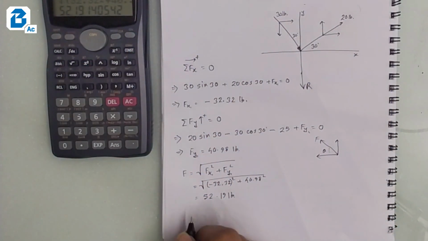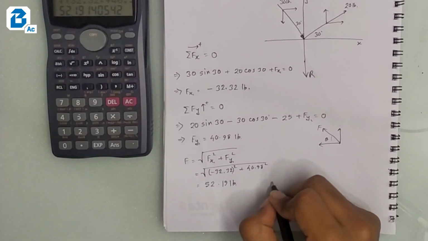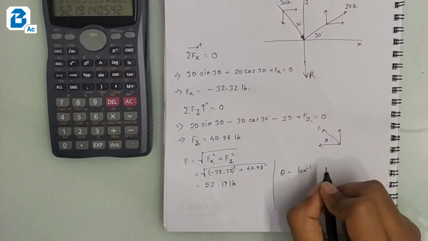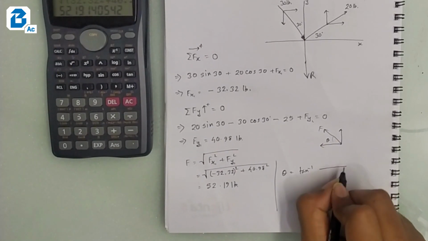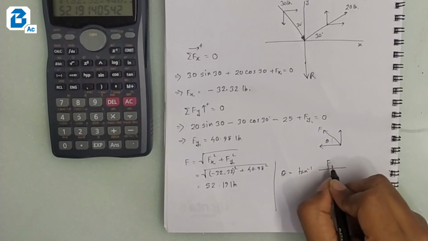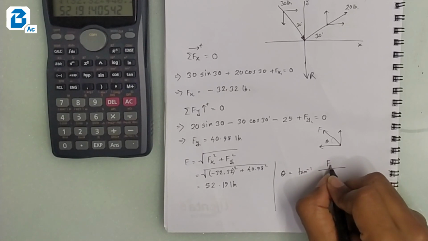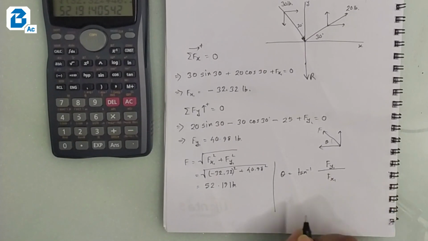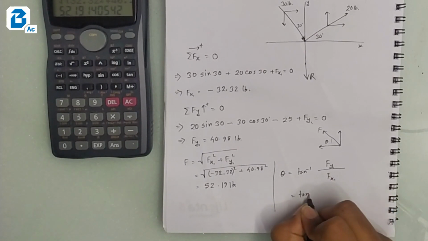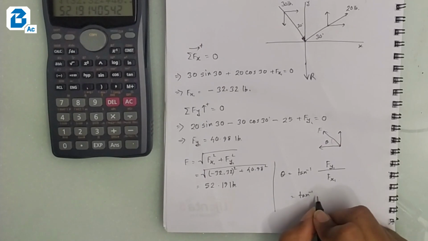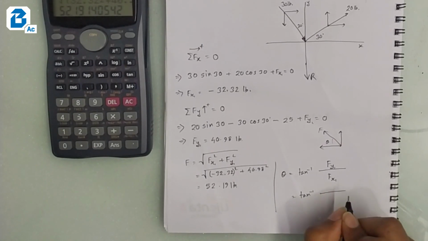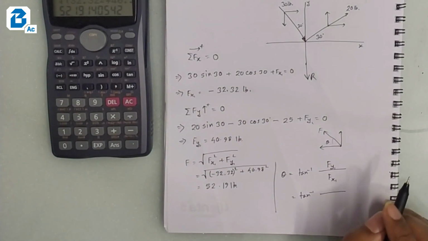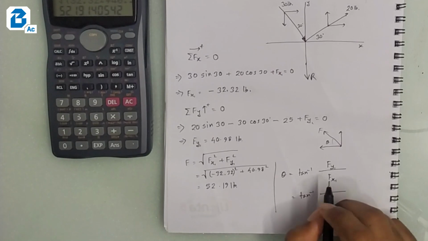and the angle would be theta equals tan inverse F of y1 by F of x1, and we will use only the value, not the negative value, because the negative indicates the direction. So we will ignore the direction and just use the magnitude.